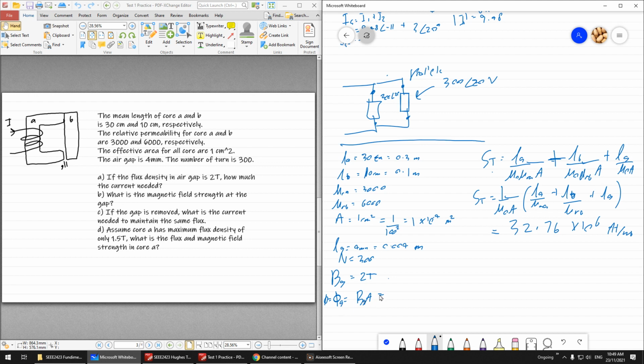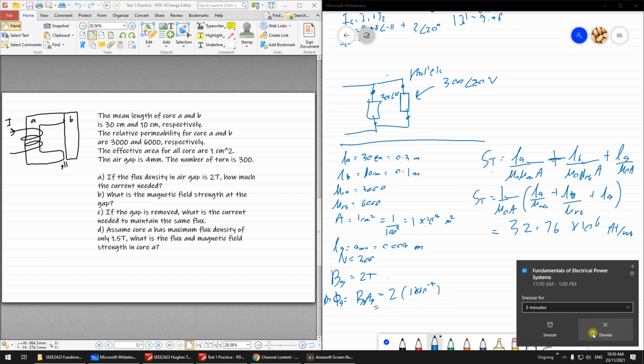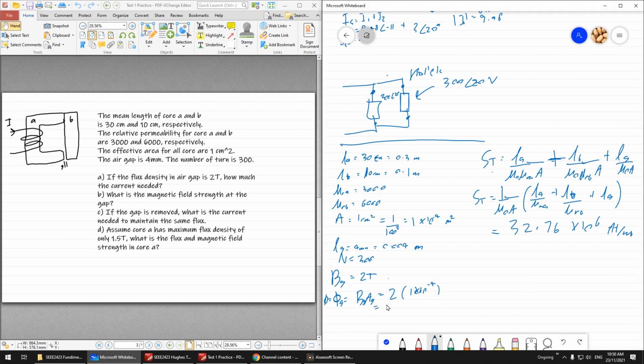At the gap, which also has the same area everywhere, it is 2 Tesla multiplied by the area 1 times 10 negative 4. So flux is equal to 2 multiplied by 10 negative 4 Weber.